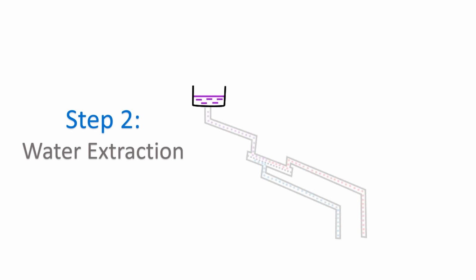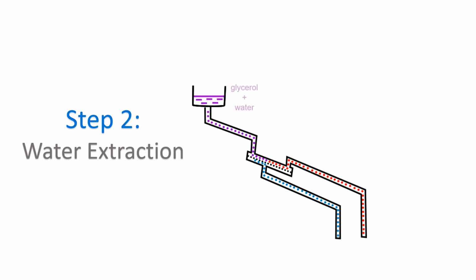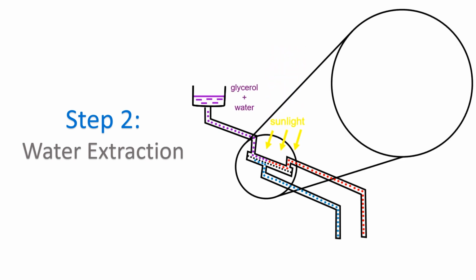Step 2. In step 2, we recover the water absorbed by the glycerol in step 1. In order to do that, we use solar heat and a water extraction module.